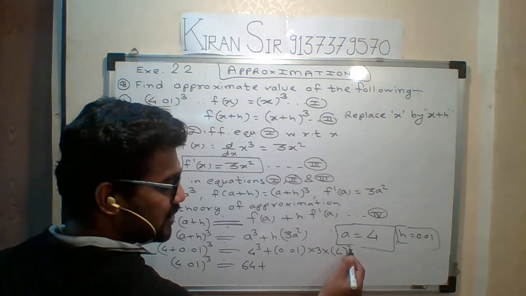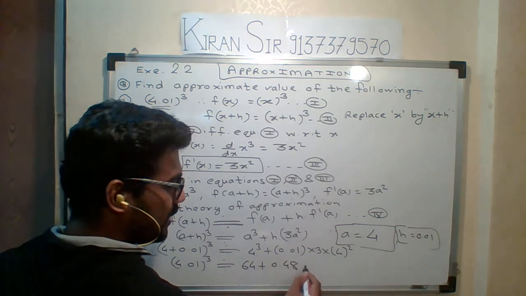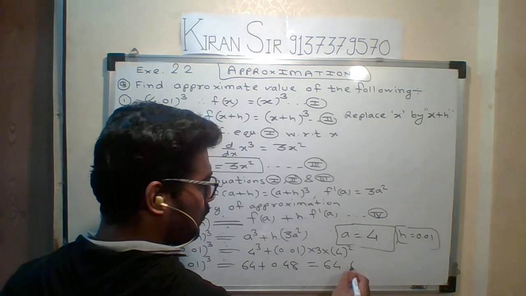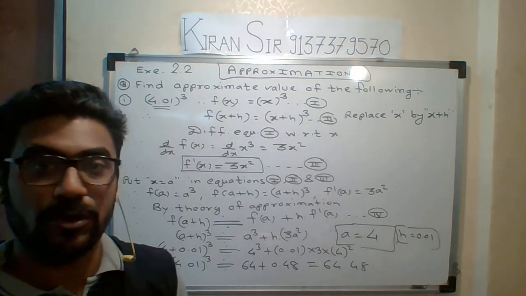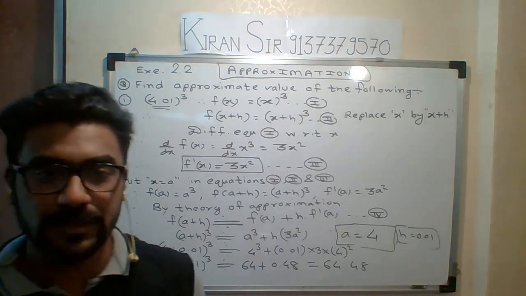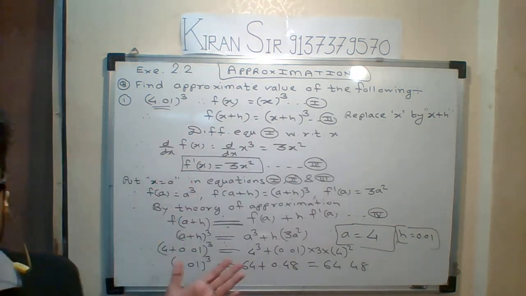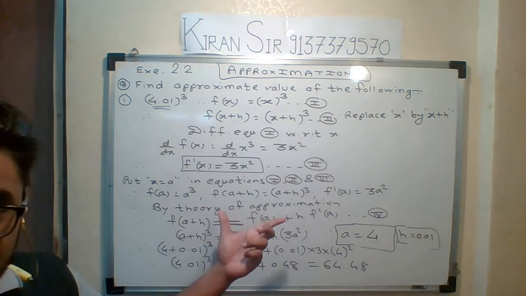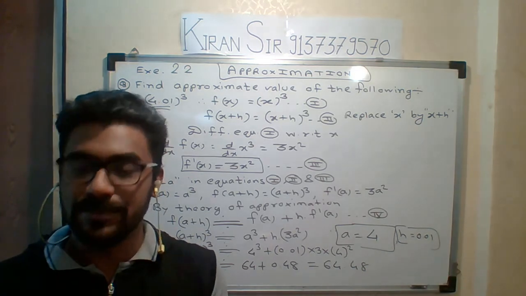What is 4 square? 16. 16 times 3 is 48. 48 into 0.01 is 0.48. So what is the final answer? 64.48 is my final answer. Approximate value of 4.01 cube. So using this particular concept of derivative and applying the formula, we can find the approximate value of any number.